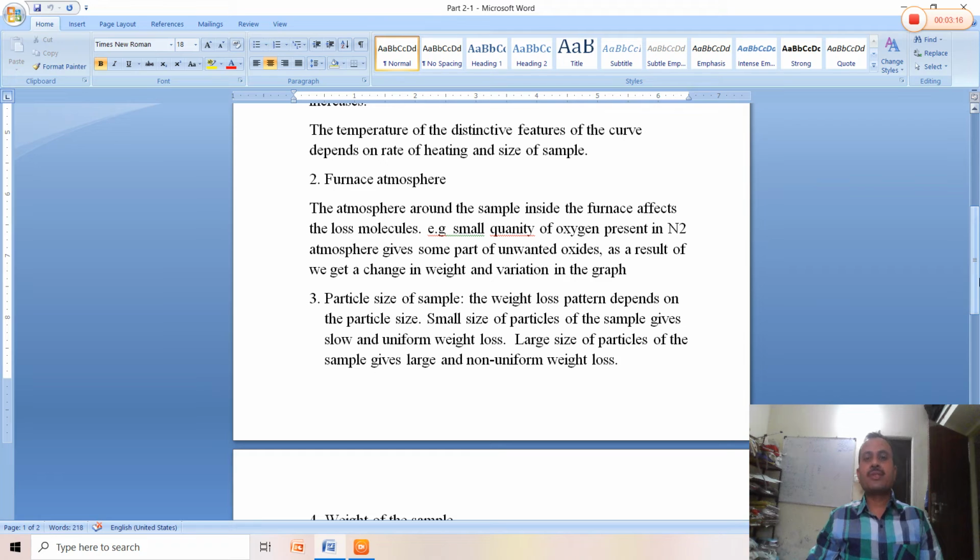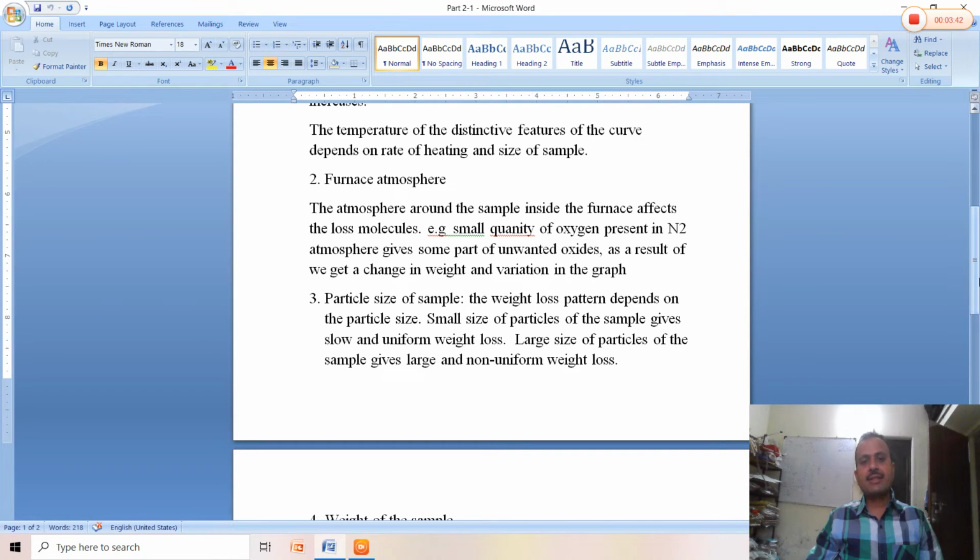The atmosphere around the sample inside the furnace affects the loss of molecules. For example, a small quantity of oxygen present in the nitrogen atmosphere gives some unwanted oxides. As a result, we get a change in weight and variation in the graph.